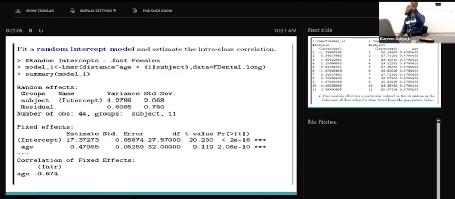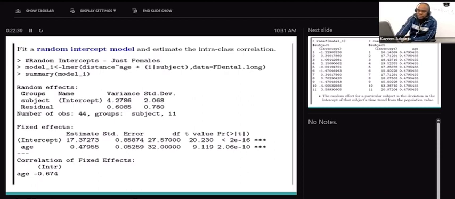Take a look at what I'm doing now. I'm introducing a random effect for female. Don't forget, I'm focusing on female. Why do I introduce a random effect for them? Because introducing a random effect incorporates the fact that correlation exists.